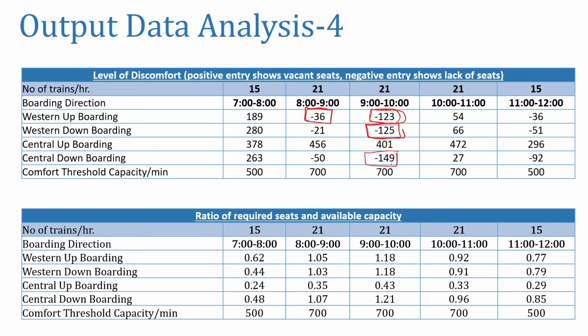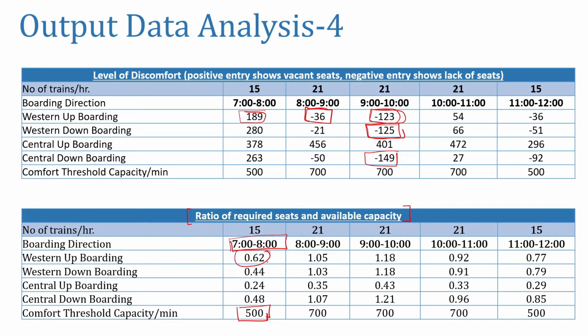We again calculated the ratio of required seats versus available capacity in each direction and in different time segments. So like in 7 to 8, we assumed based on the number of trains available that per minute our capacity is 500, and the Western up requirement was 189, so this ratio is less than 1.